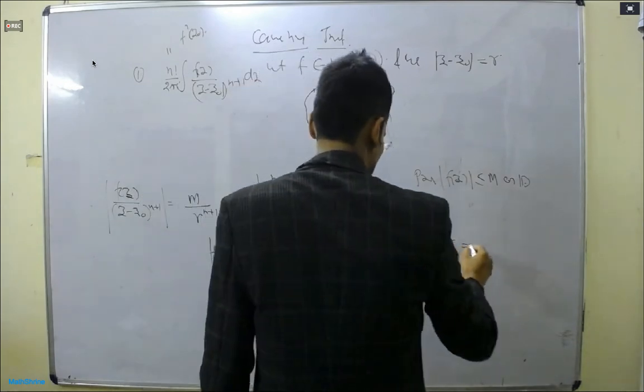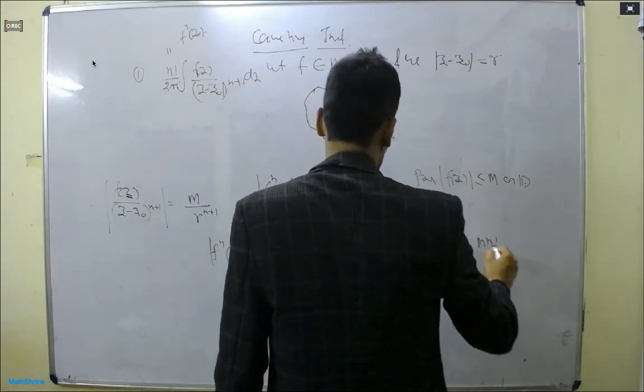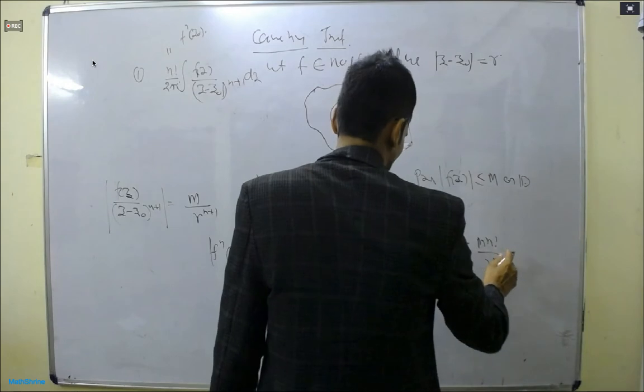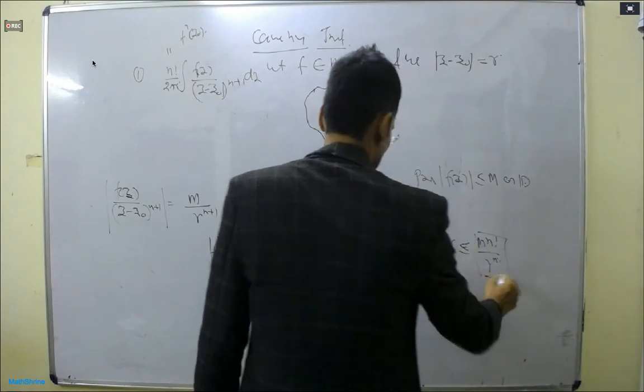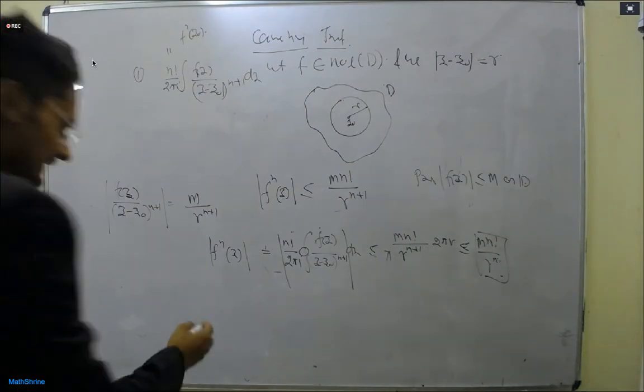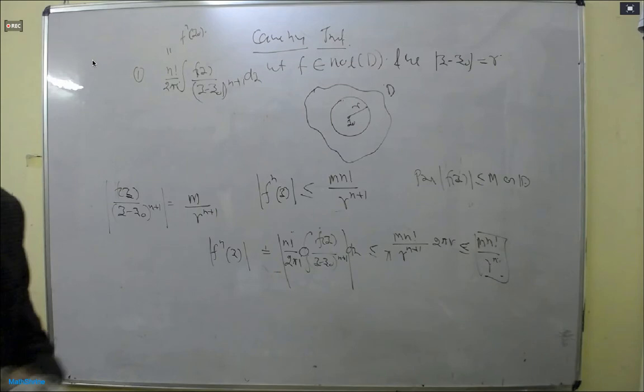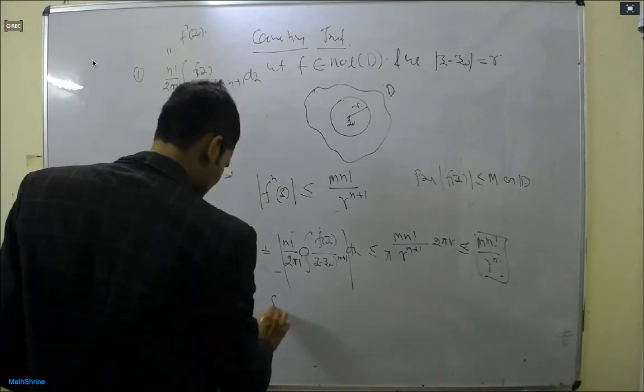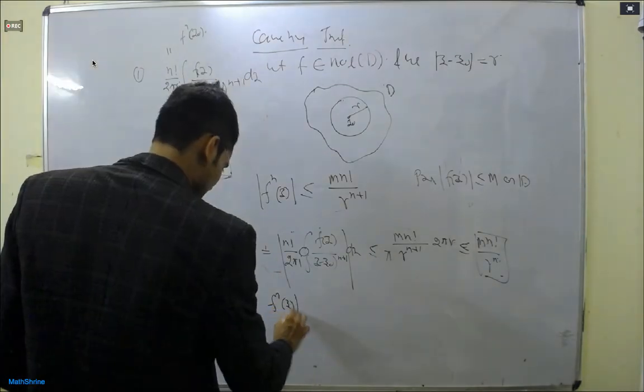So that is your answer. The nth derivative of f at z naught is less than or equal to M n factorial upon r power n. This is your Cauchy inequality, the Cauchy estimate of its derivative.